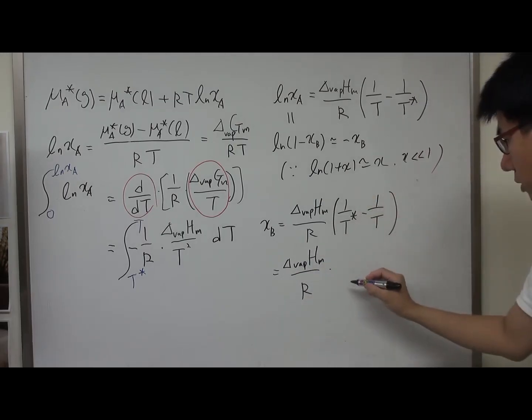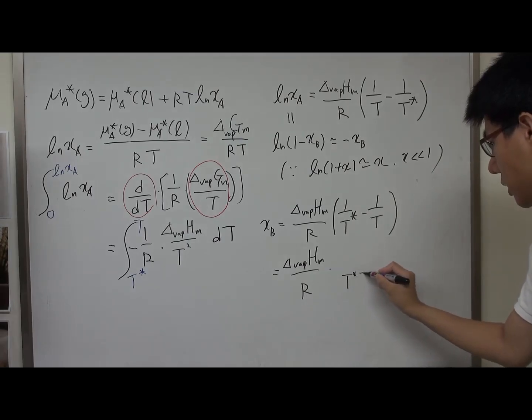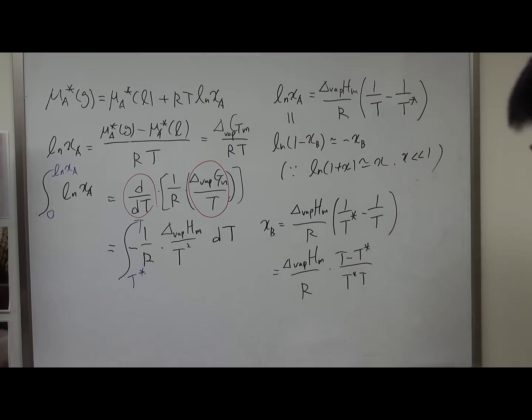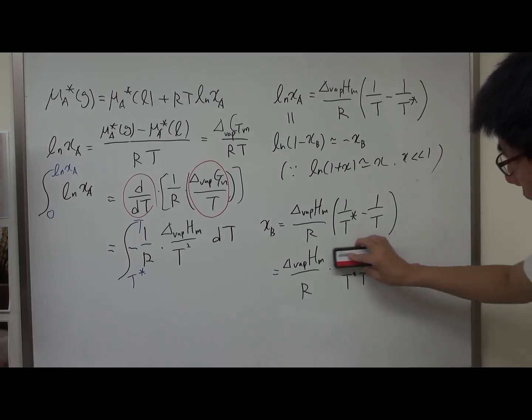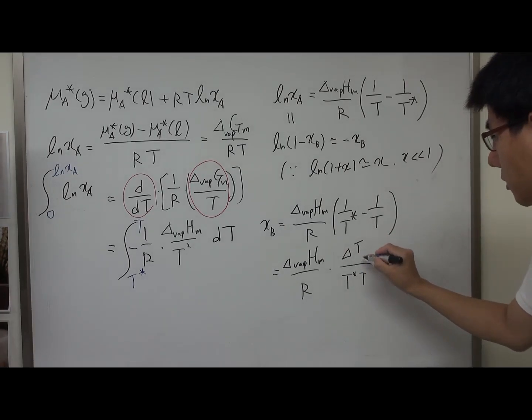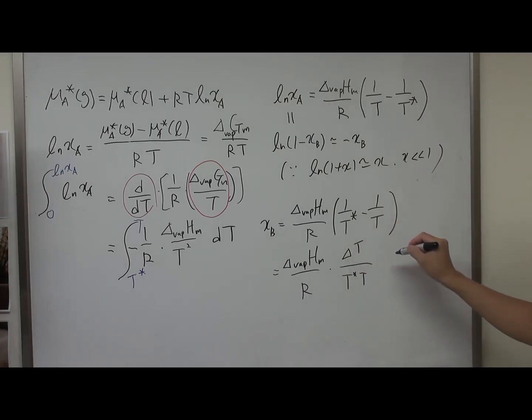If you rearrange it, T star T over T minus T star, and T minus T star is the thing that we want to calculate, delta T, how much the boiling point increases.